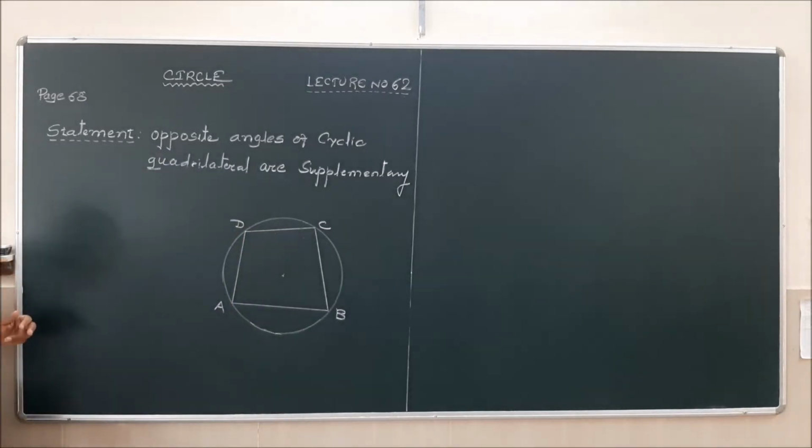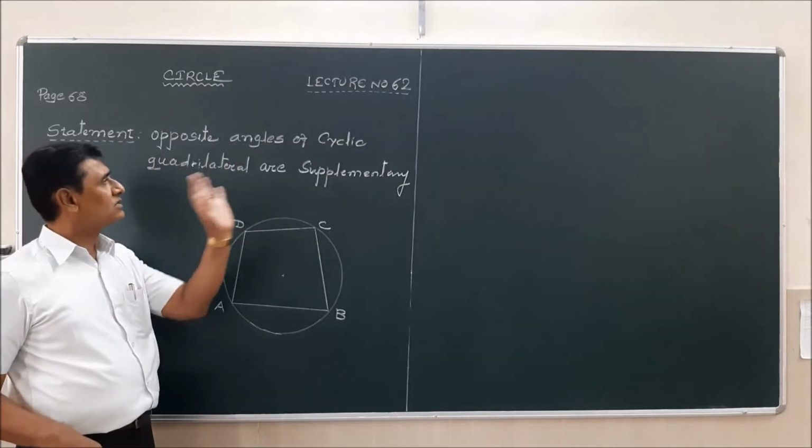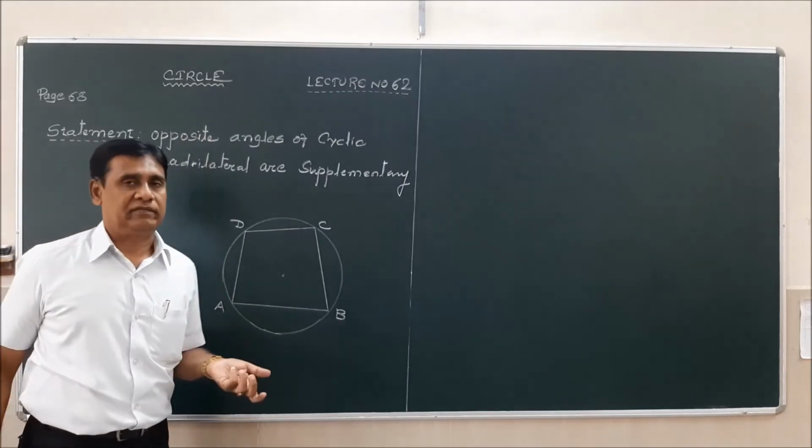So it is given on the same page, correct? 68 only, that opposite angles of cyclic quadrilateral are supplementary.